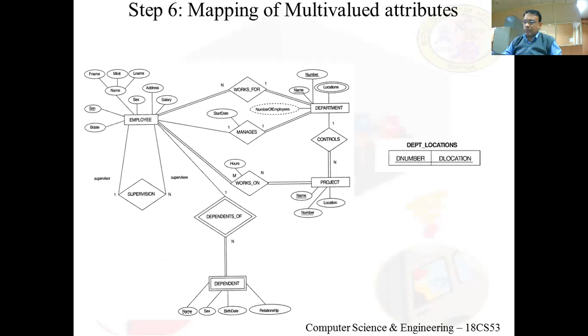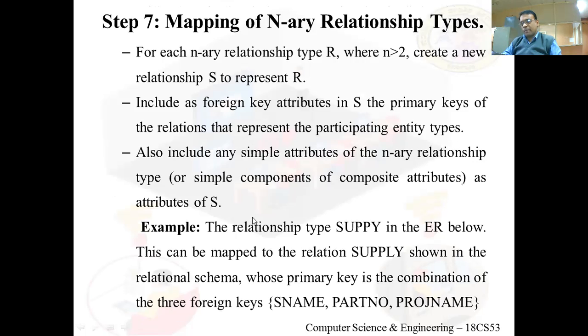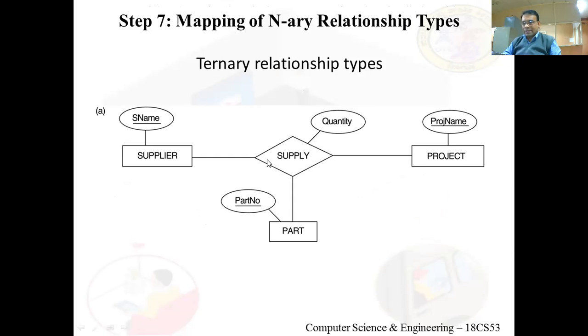If we observe our ER diagram, we don't have any n-ary relationship types. Just in case you come across n-ary relationship types, you have to create a new relation S to represent R. In this case, SUPPLY is the new relation or table that will be created.